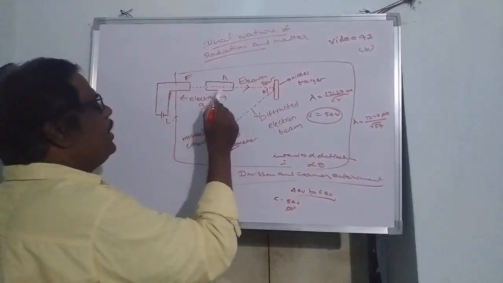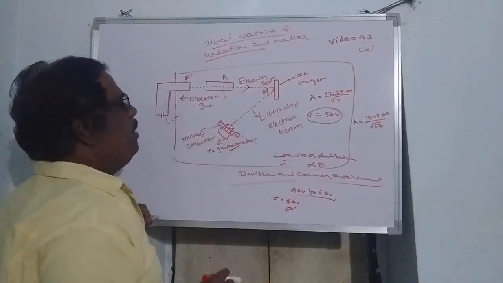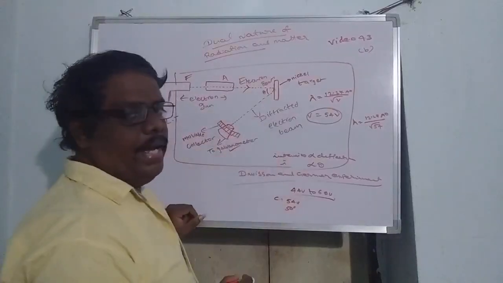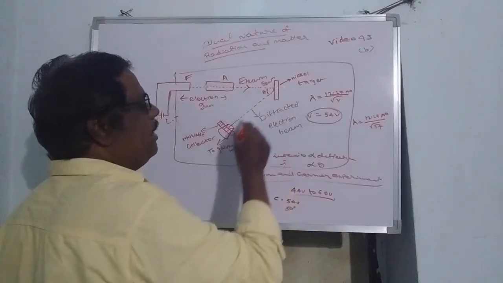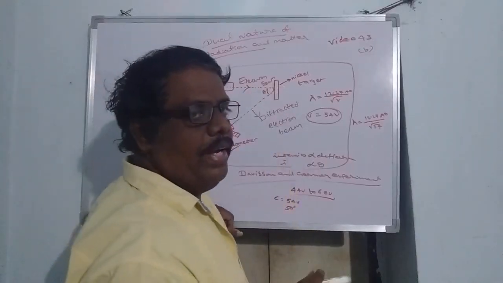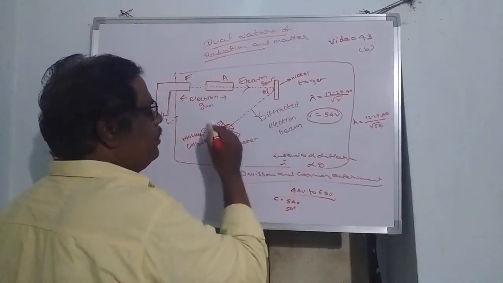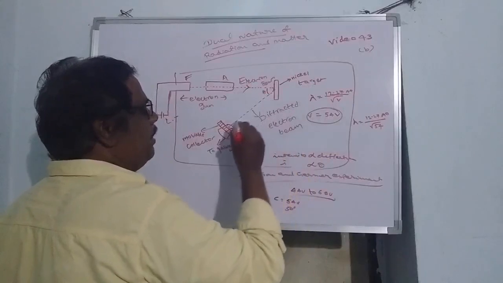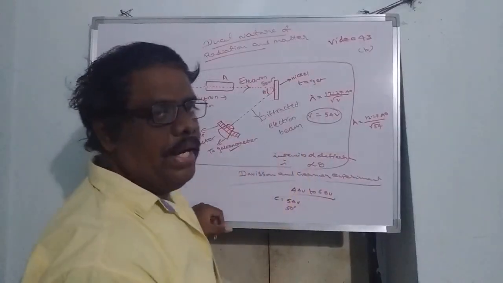So when positive potential is applied to the cylinder A, a narrow electron beam comes out from the filament and hits the nickel target. So when this electron beam hits the nickel target, electrons are scattered in different directions. This mobile detector will move on a circular scale. So when electrons enter into this mobile detector, the galvanometer shows the deflection.